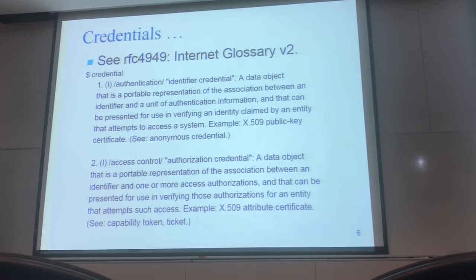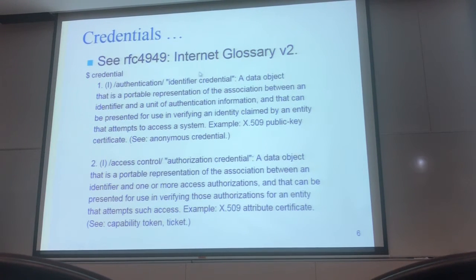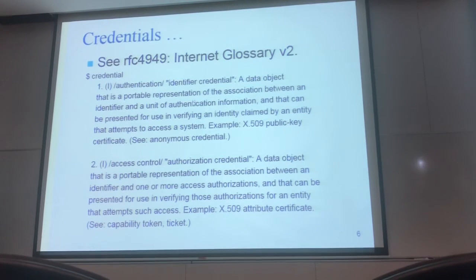Right, so authentication is related to the term credential. A credential is something we use to prove our identity. In general, we have the identifier credential, that means some object that allows people to recognize our identity.